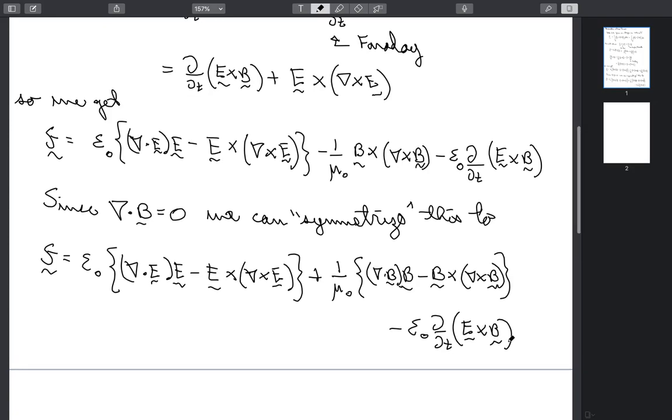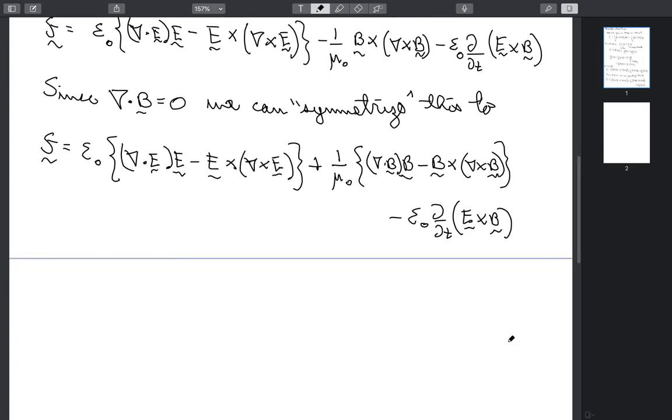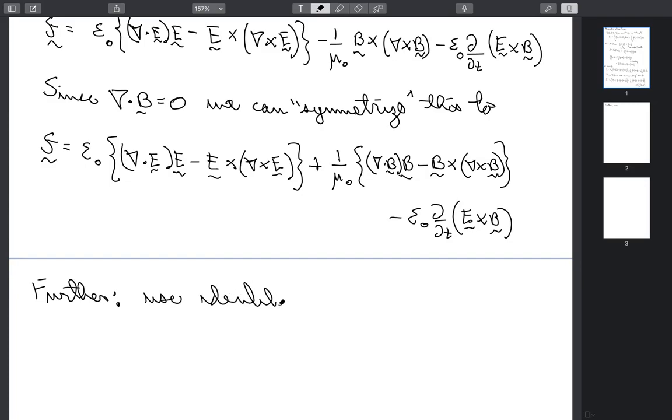Right, so that already looks a little bit more symmetrical, but we can also use a little product rule. There's an identity which in Griffiths is called product rule 4, that you can look at, but you can just immediately apply it.